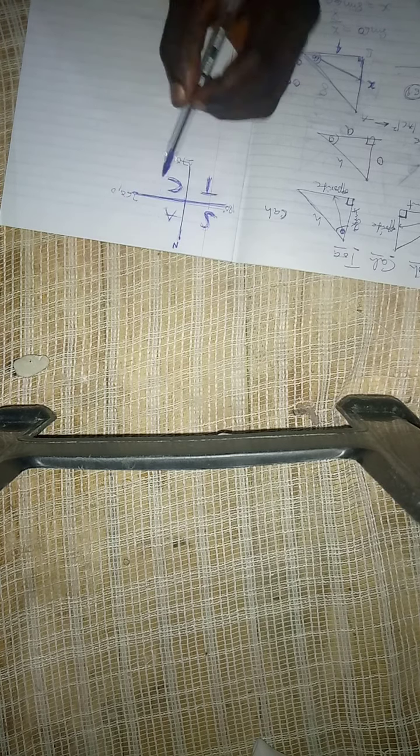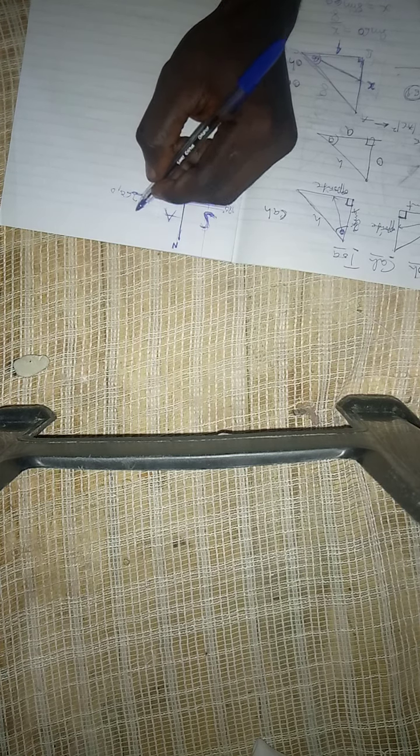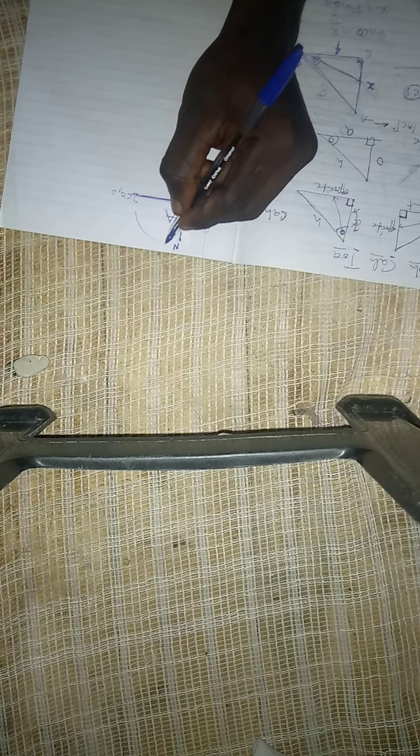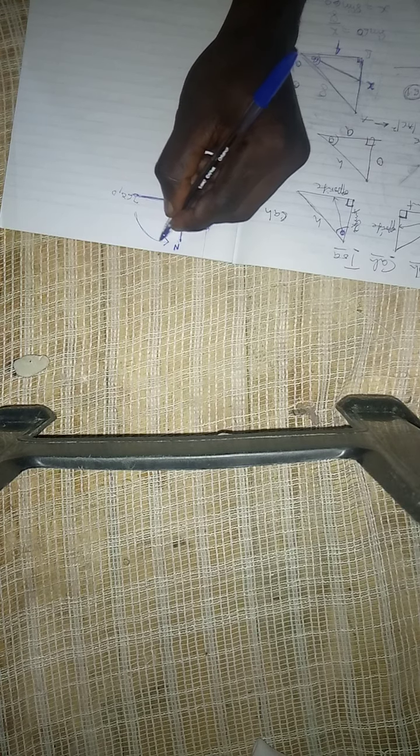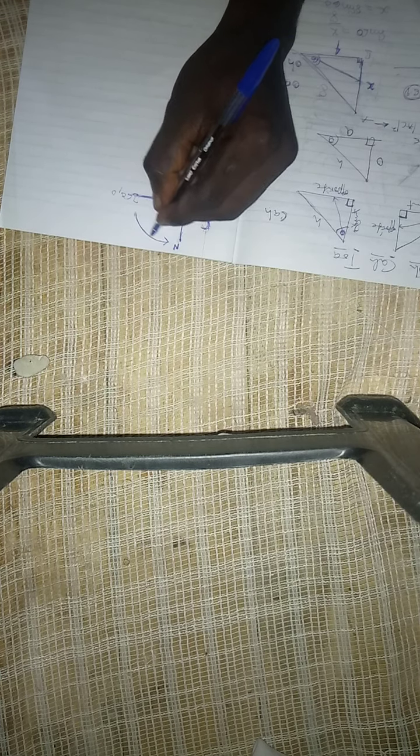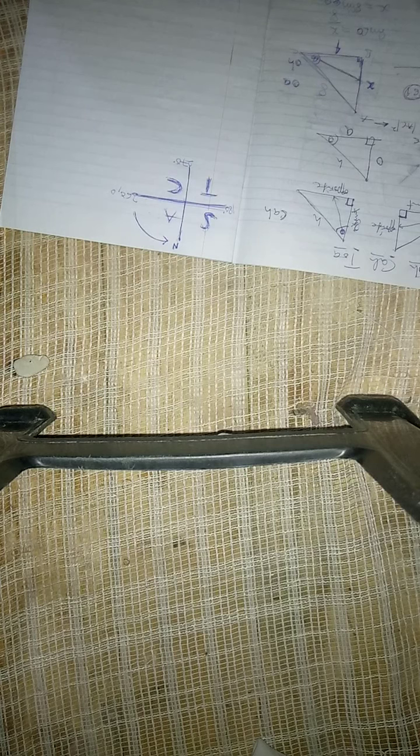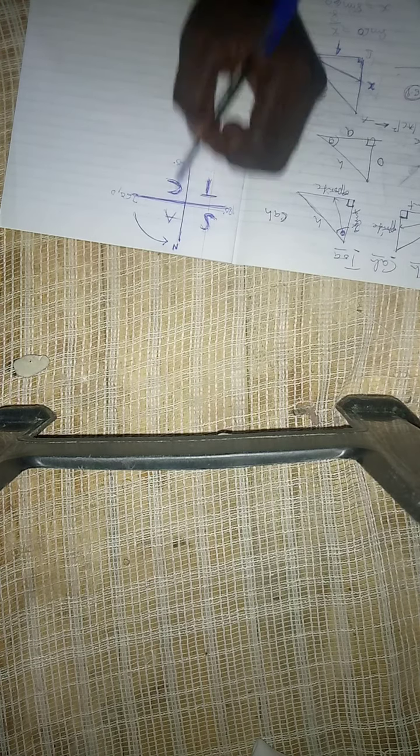We count from here and we go anti-clockwise. When we say anti-clockwise, it means we are moving toward this direction. So with trigonometry, we move anti-clockwise.